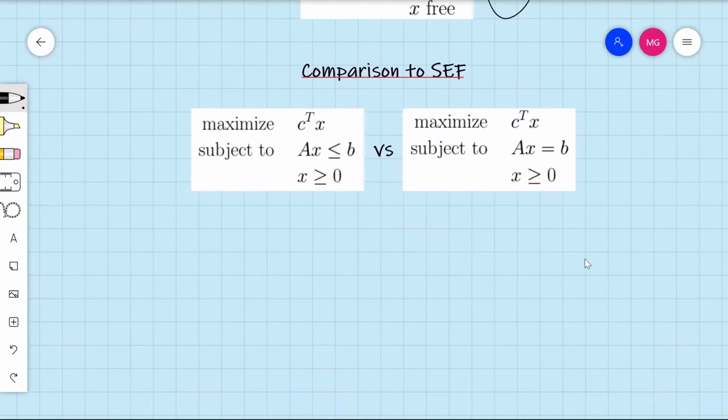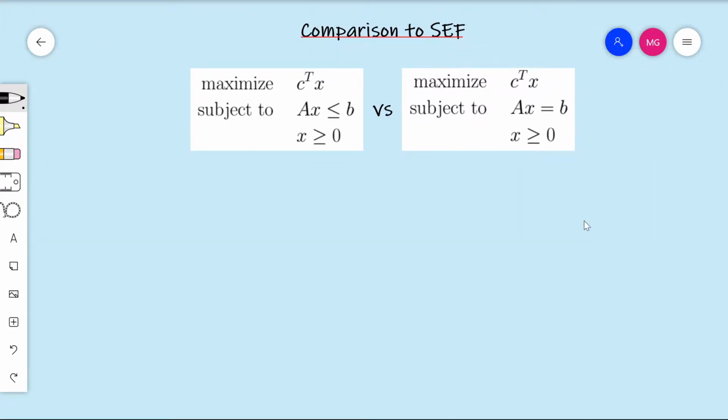So we're comparing number 1 to standard equality form first. On the left here is this new type 1, and on the right is standard equality form. You can see the difference is the less than or equal to sign versus the equals sign that we have for the matrix constraints. So let's remember how we took the dual for standard equality form.